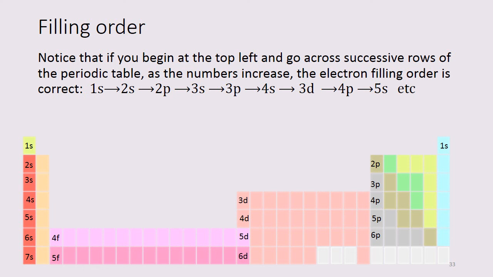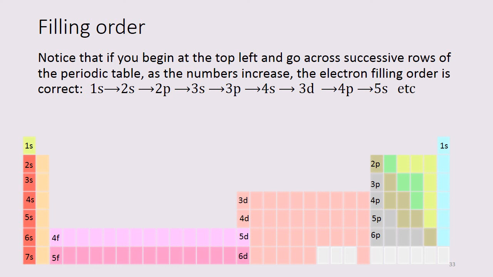I'm going left to right. I keep filling and I keep going down to the next row left to right. So the 5s's, and then after the 5s's come the 4d's, then the 5p's, then the 6s's, and then see that the 4f's come in there. 4f's, which are elements 57 through 70, and then the 5d's, 6p's, 7s's, then the 5f's, and then the 6d's.